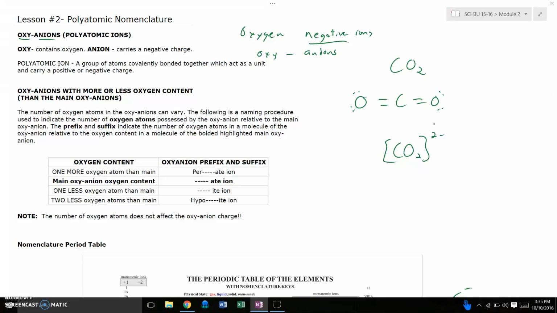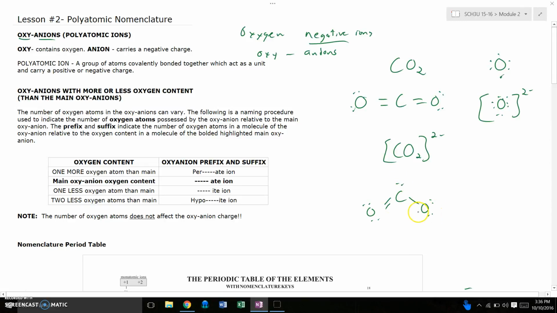Just like your oxygen atom carries 6 electrons, the oxide anion carries 8. So in this case, the carbonate anion is very similar to your carbon dioxide molecule, but it carries 2 extra electrons and therefore a 2 minus charge.